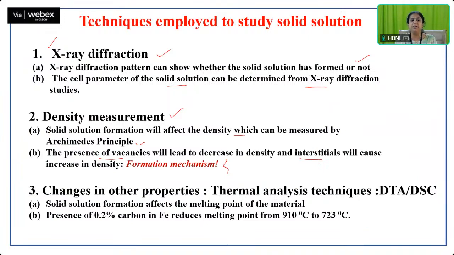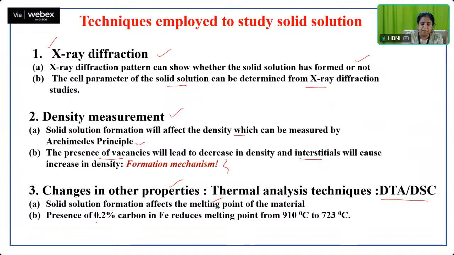The other properties that you can employ to study the solid solution are the thermal properties, and that can be done using DTA and DSC. Why? Because once you have formed solid solution, your composition has changed. That will affect the melting point. So you can determine the melting point of the material, and if it has changed, then your solid solution has formed.